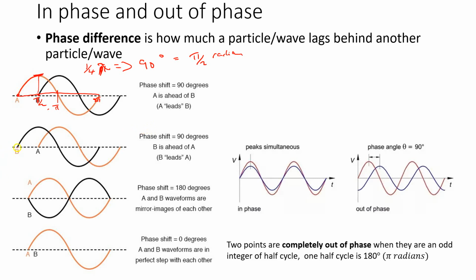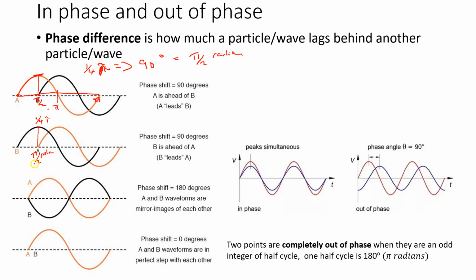Now, when we consider this one now, B is starting before A. But when you look at where A is starting, it is starting when B is at this position, which is pretty much quarter of a wavelength, which is the same thing as to say pi divided by 2 radians.